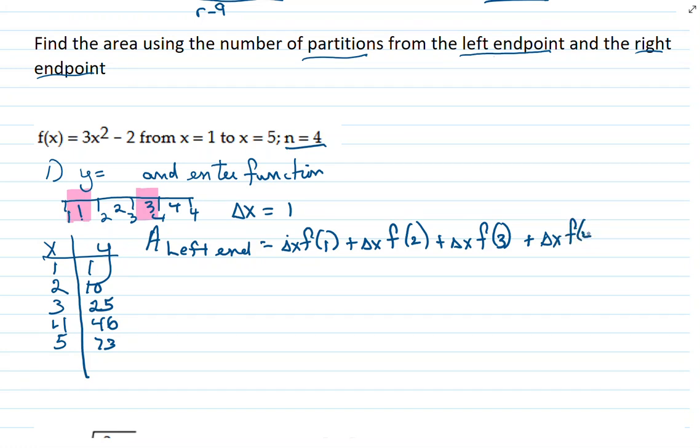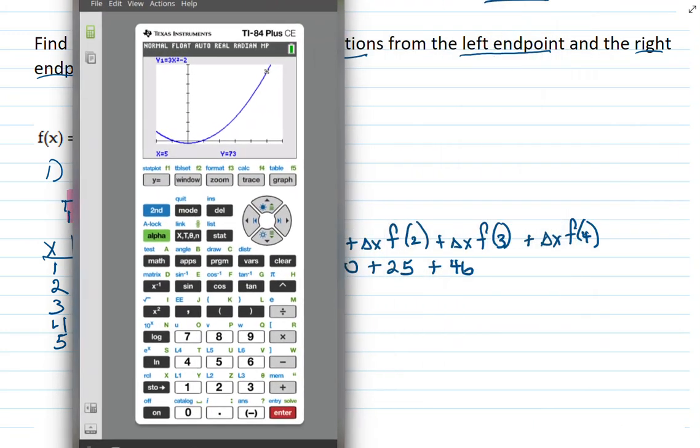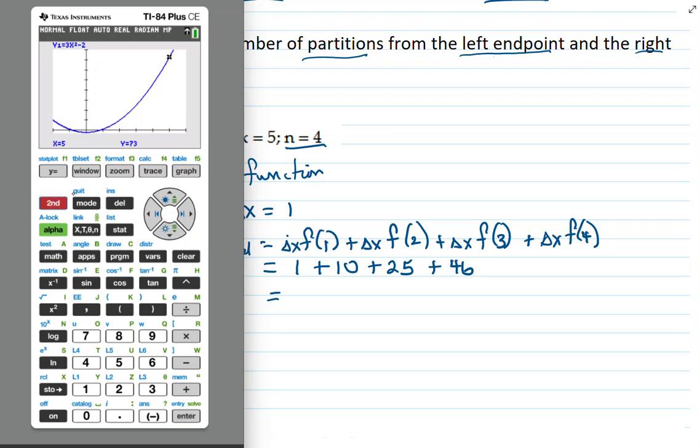And we know that delta x is 1. So I'm left with 1 plus 10 plus 25 plus 46. So my area is going to be, I'm going to go on my home screen, 1 plus 10 plus 25 plus 46, 82 square units.